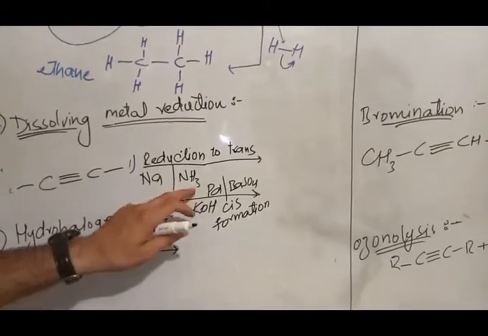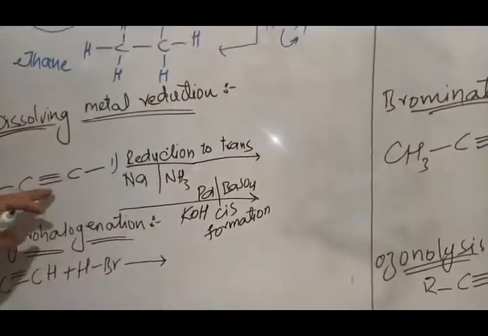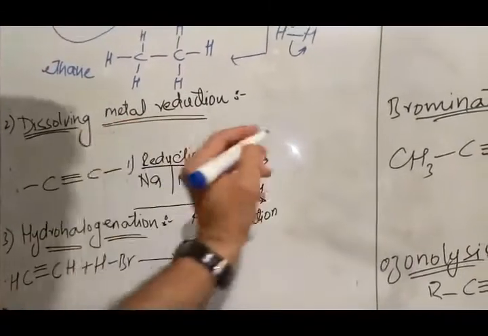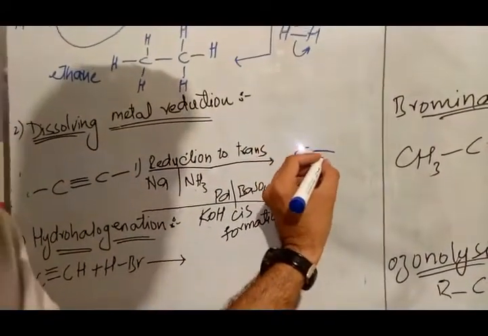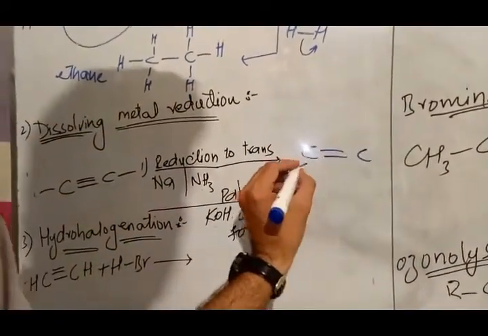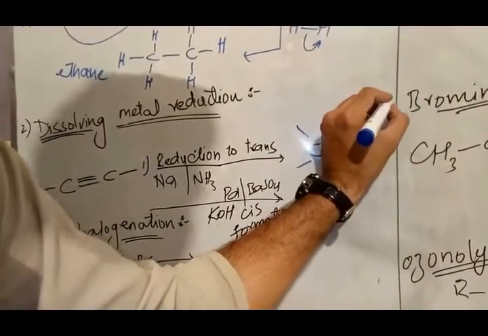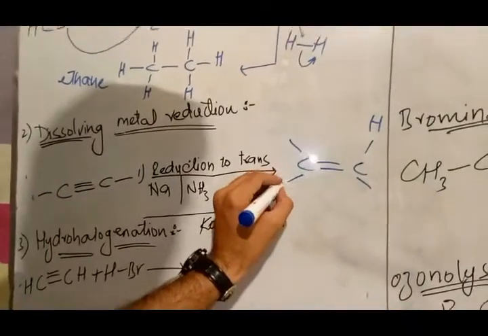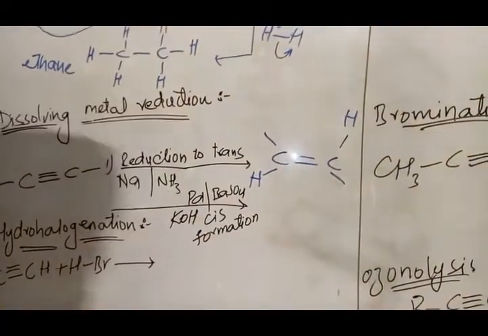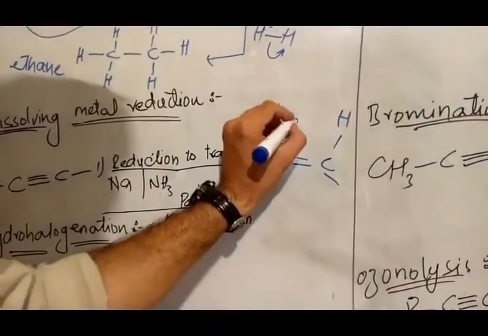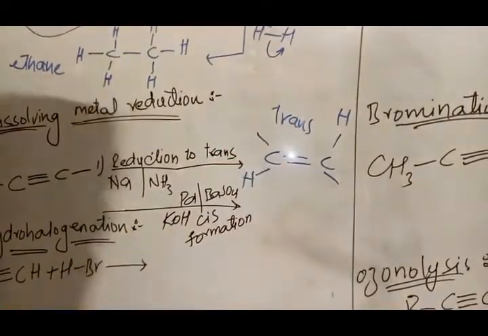By releasing hydrogen from this ammonia, we will get this alkyne into this: C double bond C, and one coming hydrogen will be placed at this carbon, and one coming hydrogen will be placed at this carbon, making a trans alkene.